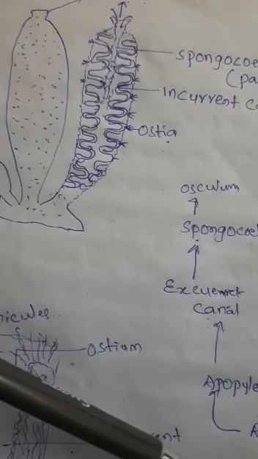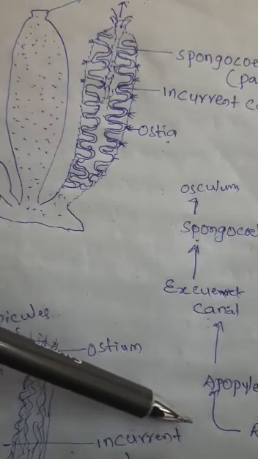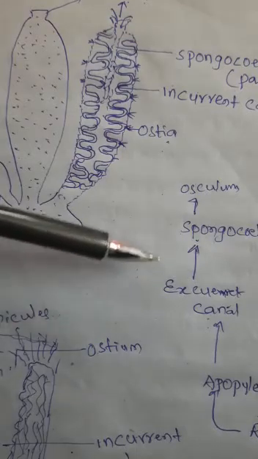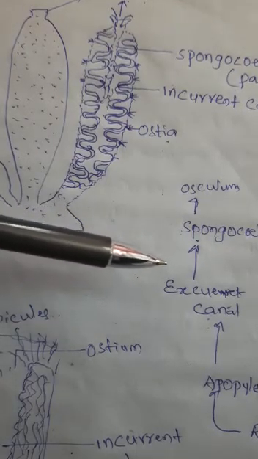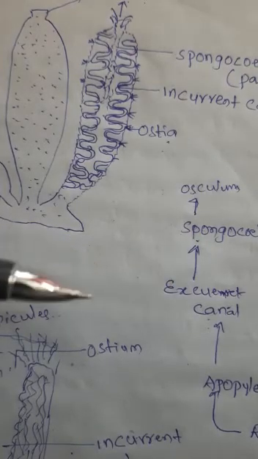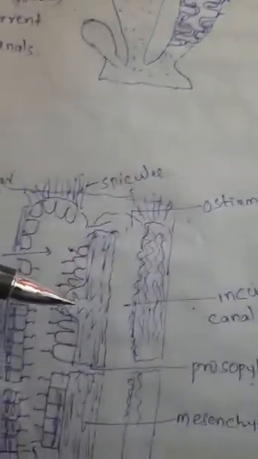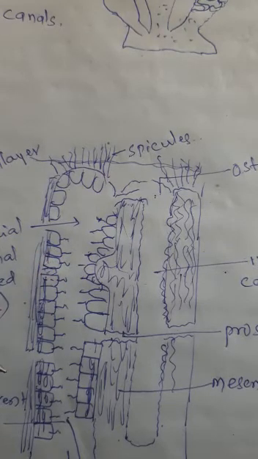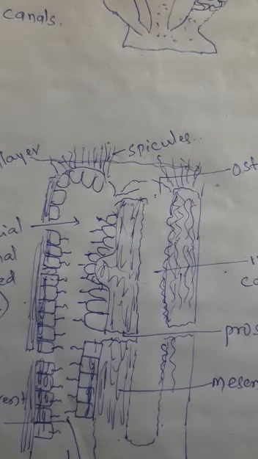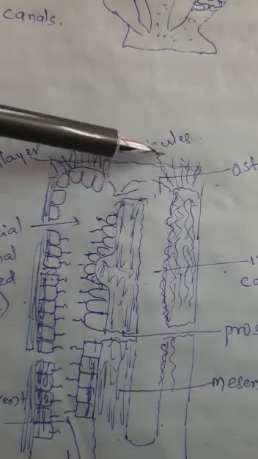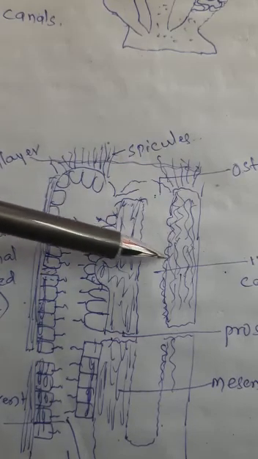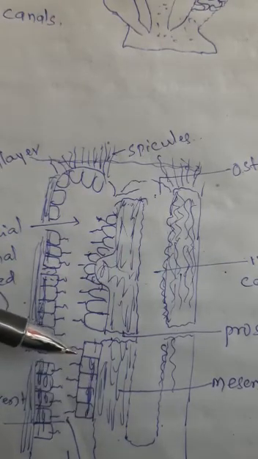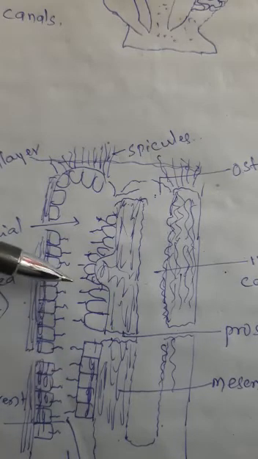From there, through the apopyles, it enters the external canal, reaches the spongocoel, and from the spongocoel flows outside through the osculum. In the picture we can see water flowing into the ostia, incurrent canal, radial canal, apopyle, external canal, then the spongocoel and outside.